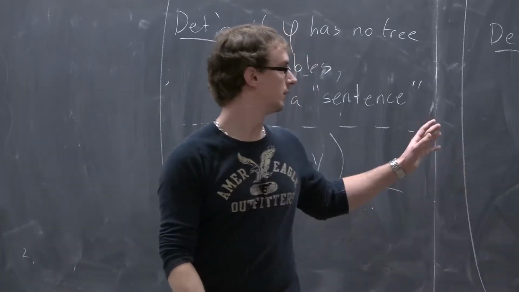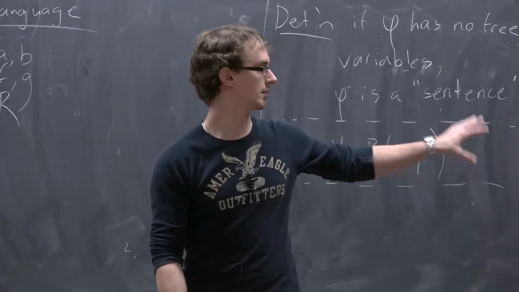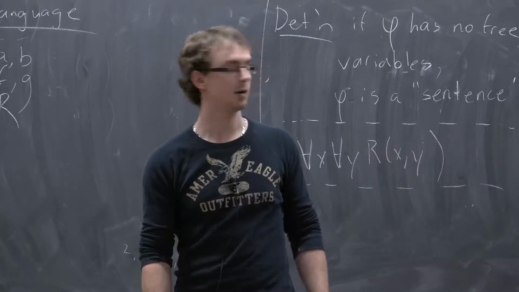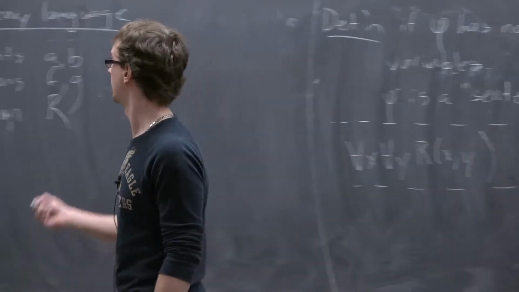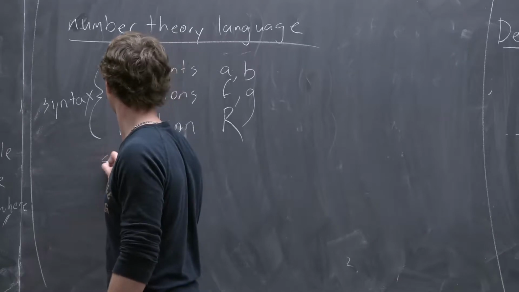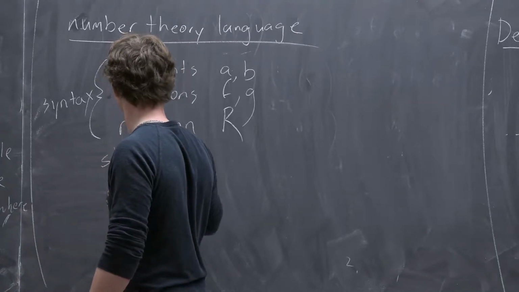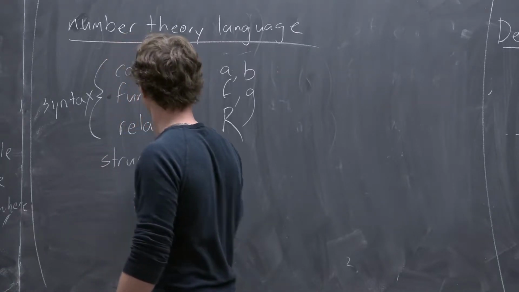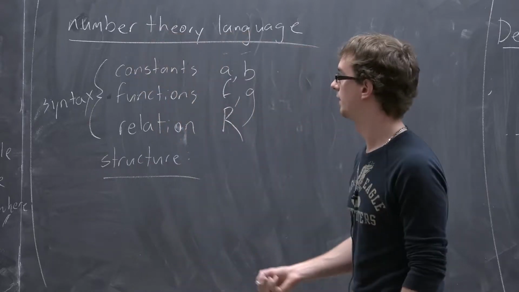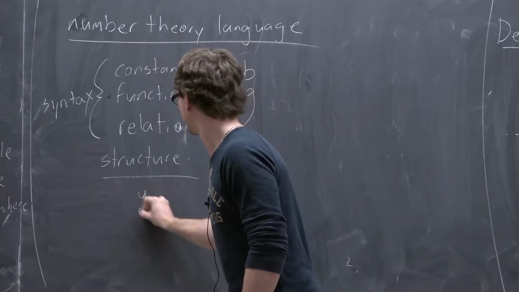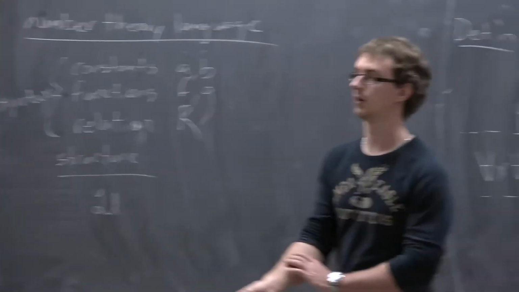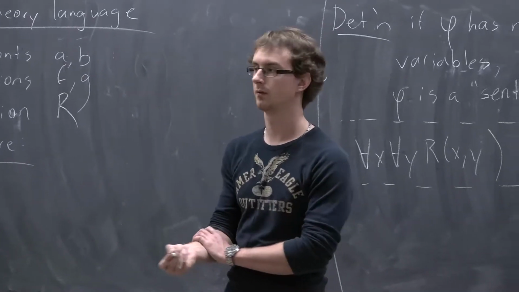Now, to endow the language with semantics, we have to come up with a structure. So the structure for this language will be as follows. It should be pretty clear what our universe is going to be.